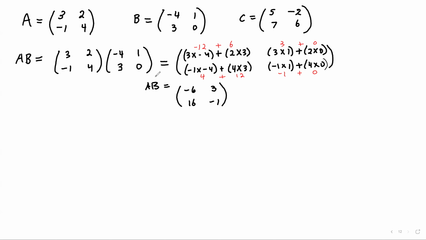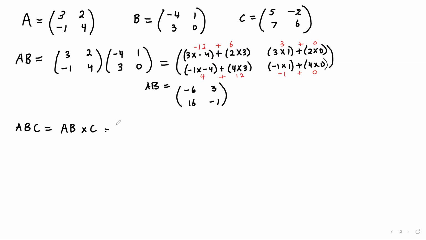And then the second part of the question, we had to find ABC. Now, because matrix multiplication is associative, ABC can be found by multiplying AB by C. And we already got what AB is in the first part of the question.